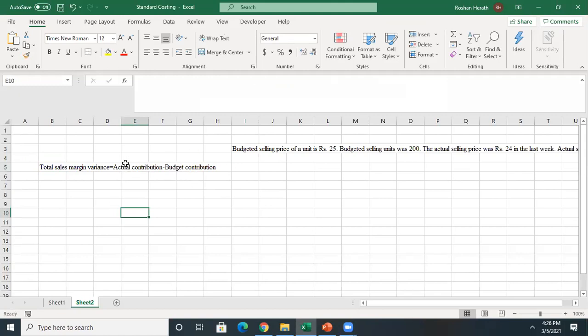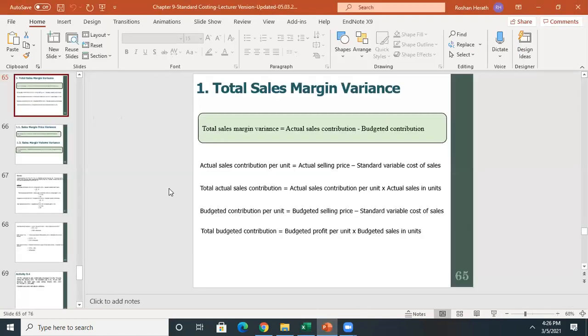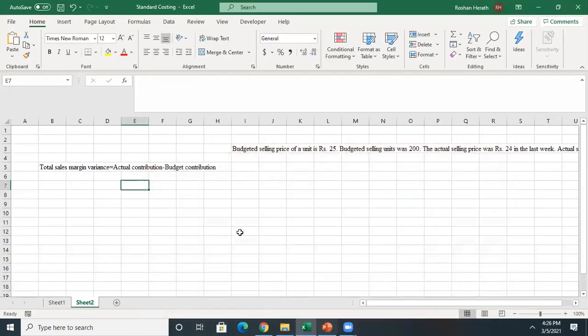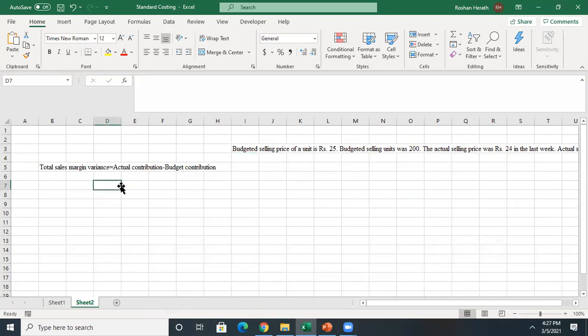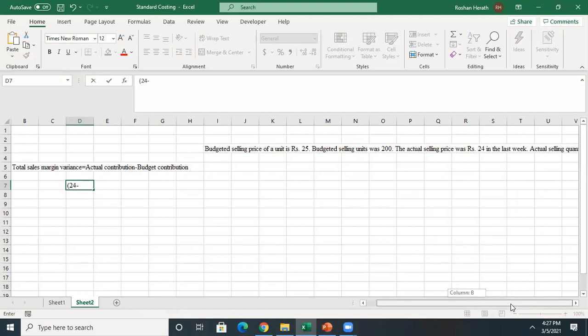Okay. So when you come to the actual contribution, you need to take the actual selling price minus the standard cost. So here the question says that the actual selling price is 24. We may take that, and you need to deduct the standard cost.